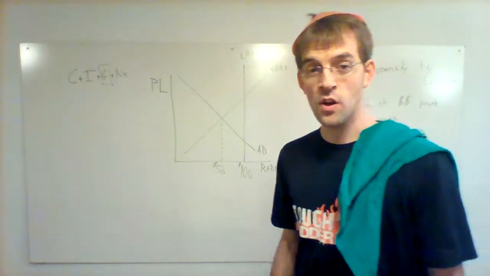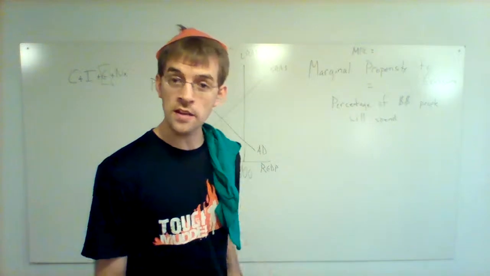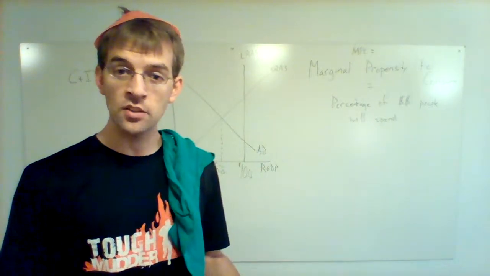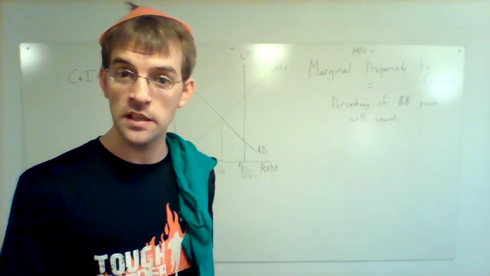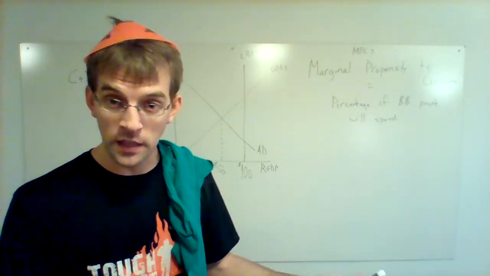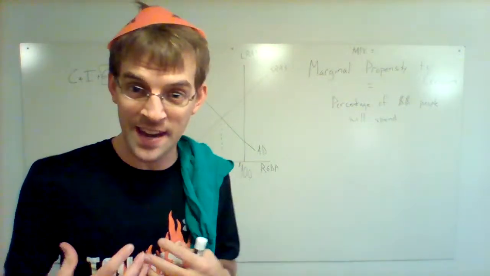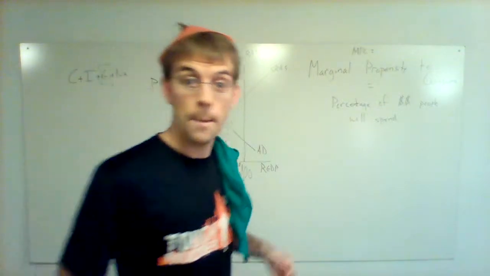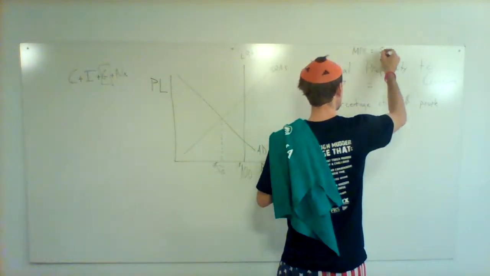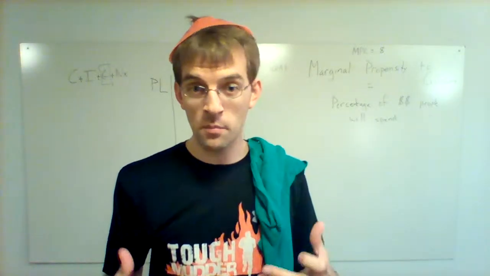So you have to know a couple formulas to make this happen. And like I talked about in the video, it depends on how much people spend. And so one of the important things that you have to know is a number called the marginal propensity to consume, which is simply how much money people spend. So if I have $10 and my marginal propensity to consume is, let's say, 0.8, that means that I will spend 80% of the money I have.